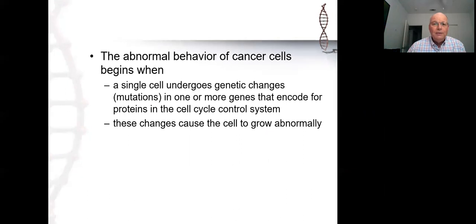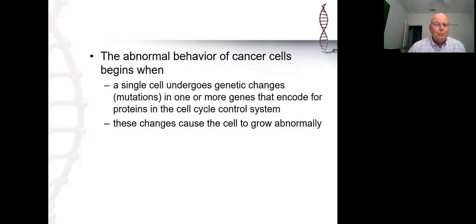And they're typically switchable. They can be in an on position or an off position. But if the genes get altered, mutated, then these proteins change their function. And the big deal change in function here is that rather than being switchable, they get locked in a permanent position.